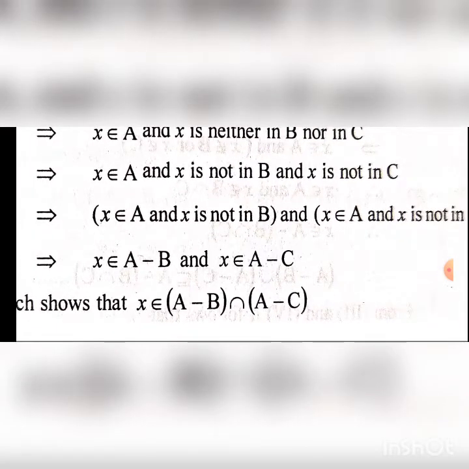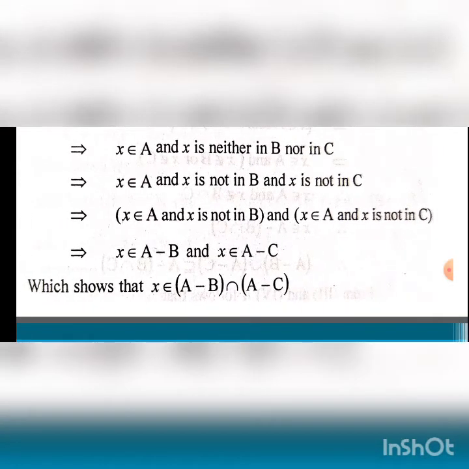By the definition of complement, x belongs to A minus B. And x belongs to A and x is not in C is x belongs to A minus C. So x is common here in the sets A minus B and A minus C. So x belongs to the intersection of both the sets.